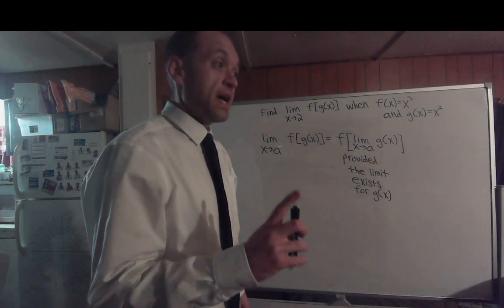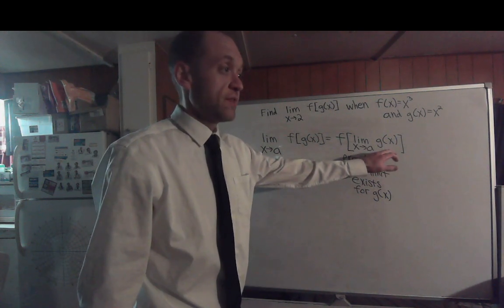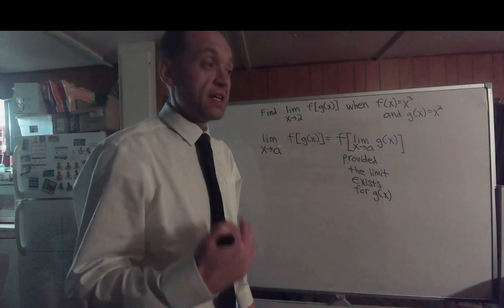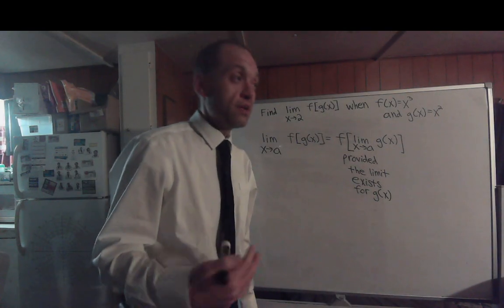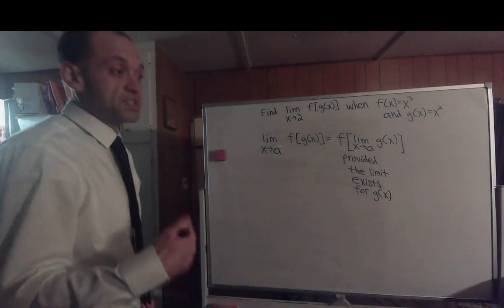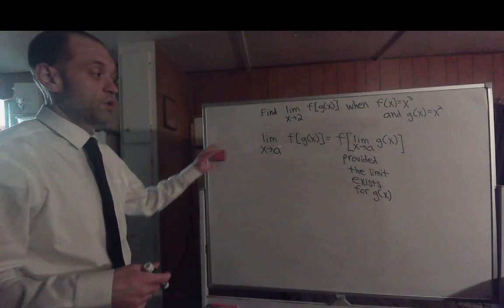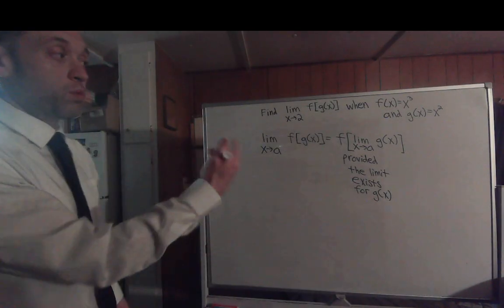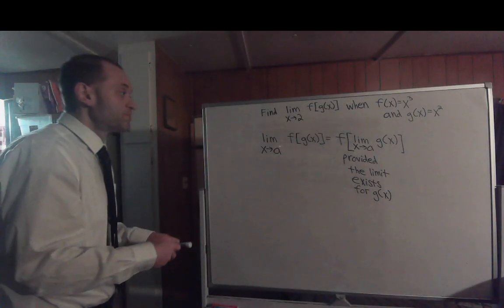You can do that if and only if the general limit exists for g of x. If it doesn't exist for g of x, then you have to do the classic algebra method. You could still get a limit, but the shortcut method won't work if the limit doesn't exist for g of x.